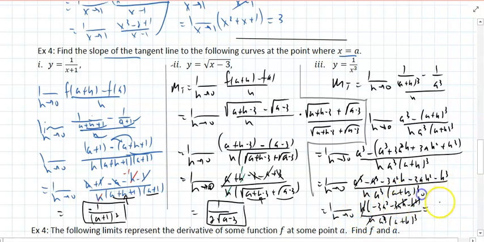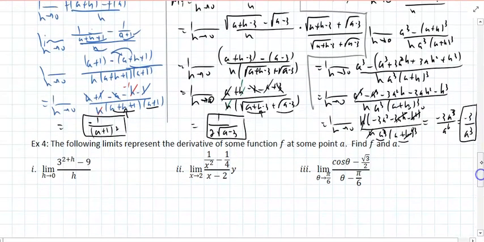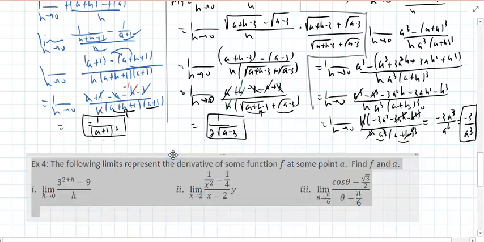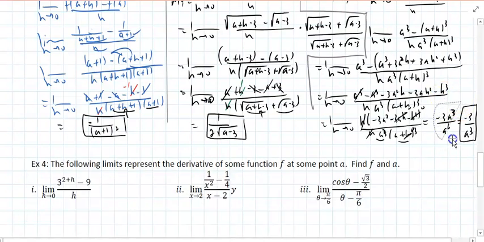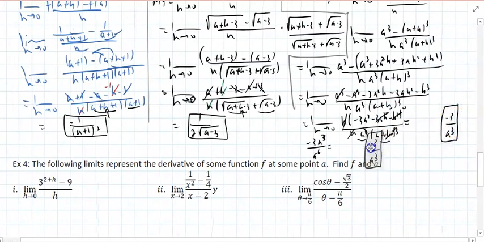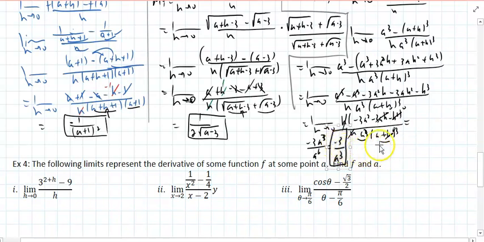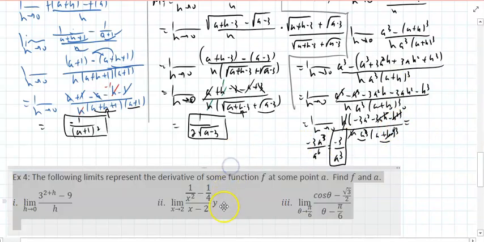That will be 0, that will be 0, negative 3a squared, a cubed times a cubed is a to the 6, that's negative 3 over a cubed divided by a to the 6 is a cubed. A bit lengthy. And there it is.